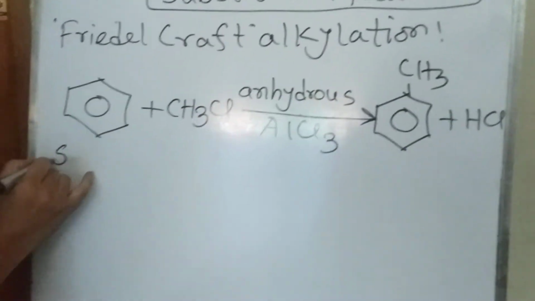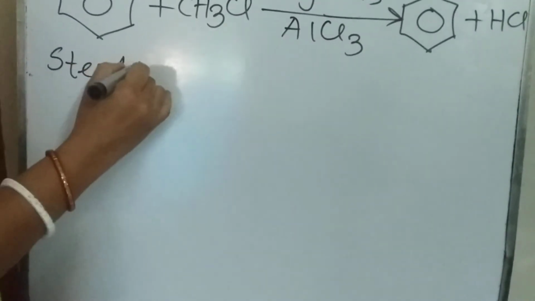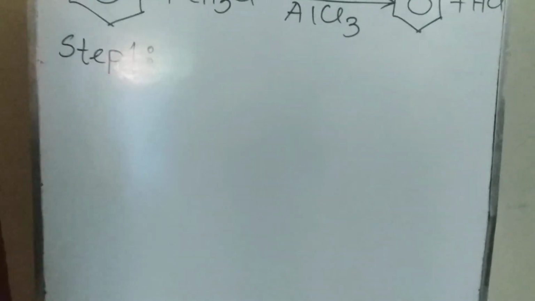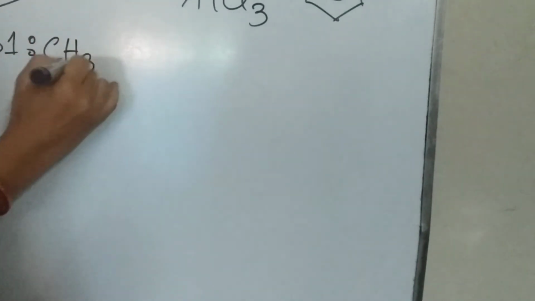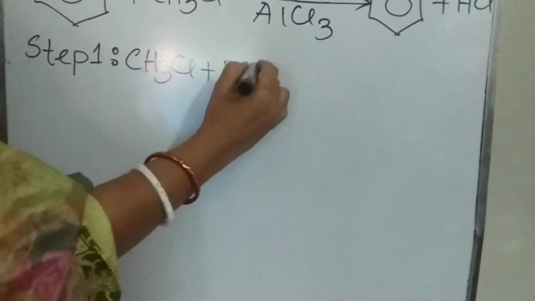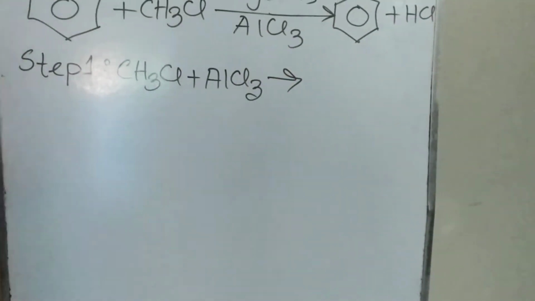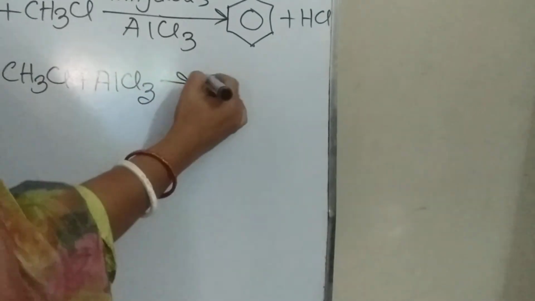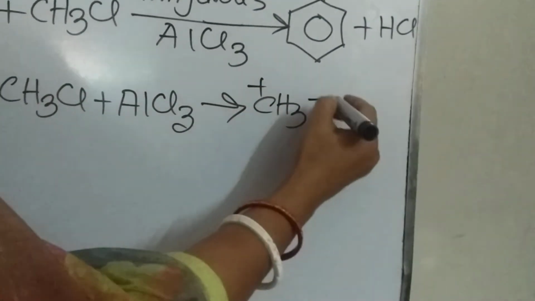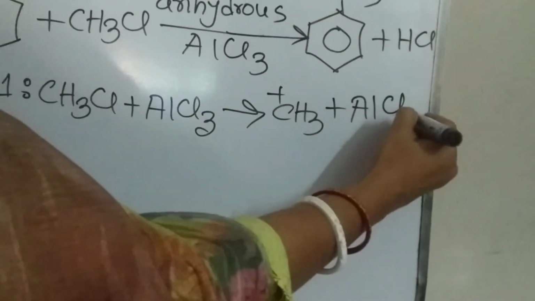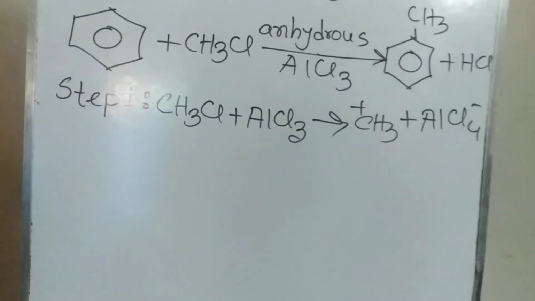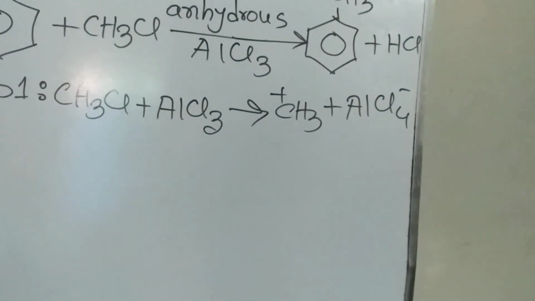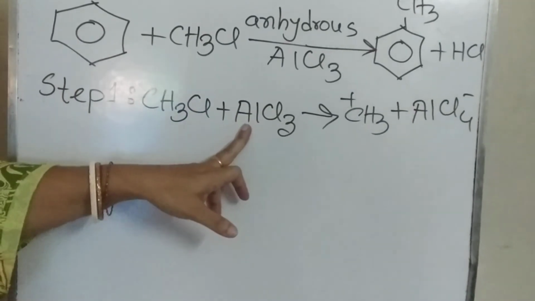Step 1. Methyl chloride reacts with aluminum chloride and produces a carbocation and AlCl4 minus. Here aluminum chloride actually acts as a Lewis acid.